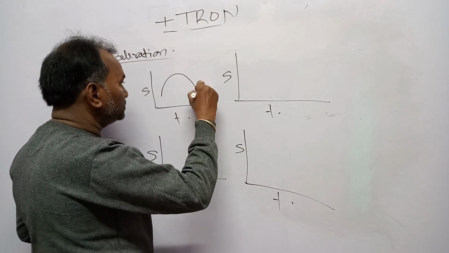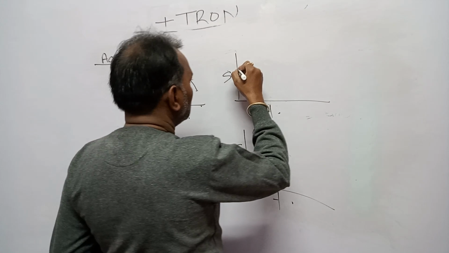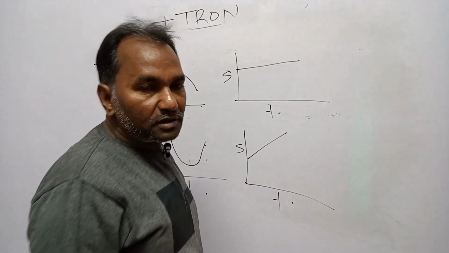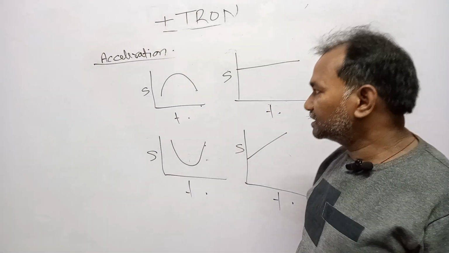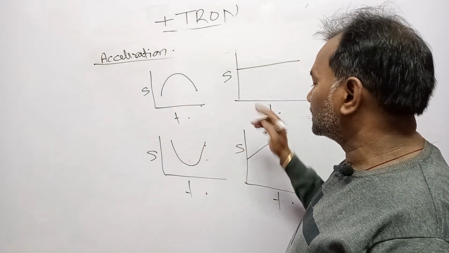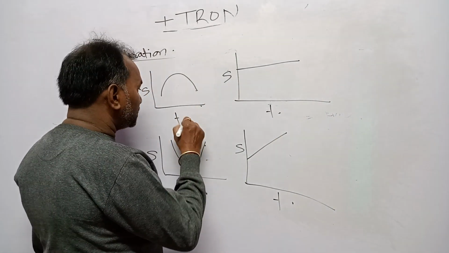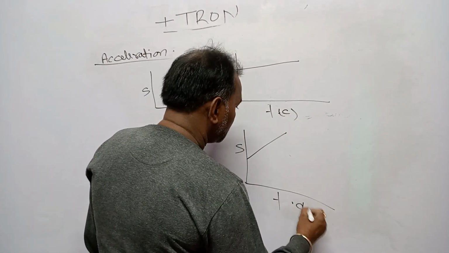First is that one, second one is that one, third one is that one, and fourth one is that one. Four graphs I have considered, graphs between displacement and time. Let this be graph A, this is graph B, this is graph C, this is graph D.